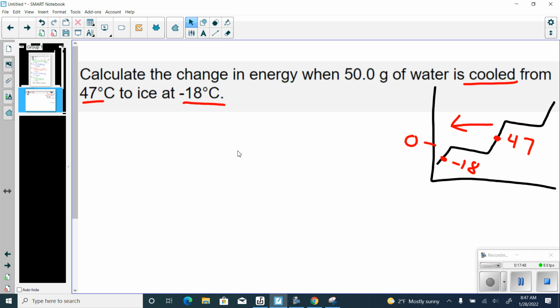Here's the good news about this problem. Again, as a chem team, we met the other day. We looked at the quiz that you're going to take in about, I don't know, a week and a half. This is fewer steps than the previous problem. I have one step to cool my water. I have one step to freeze my water.